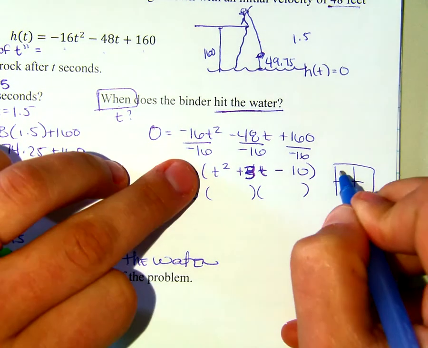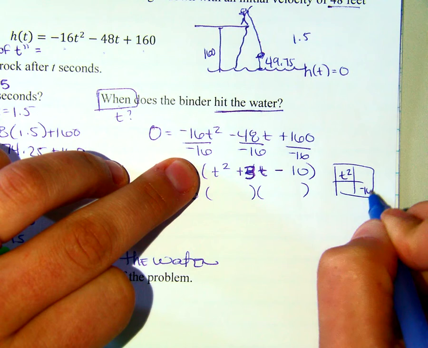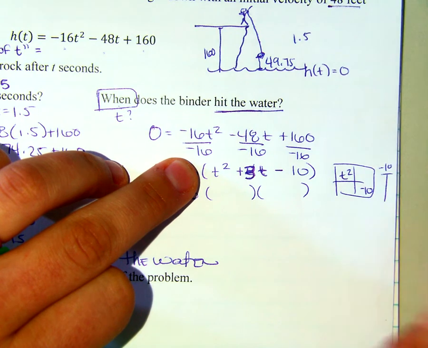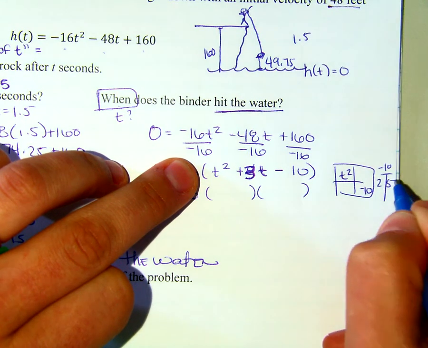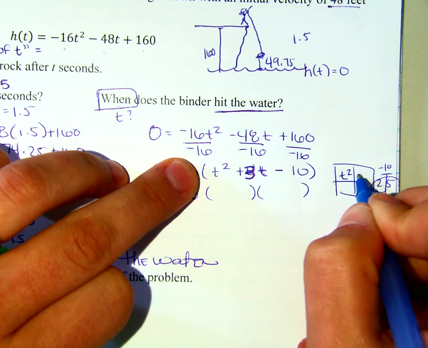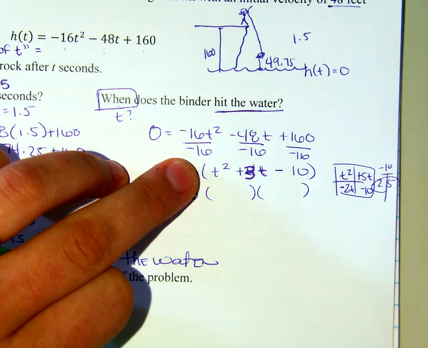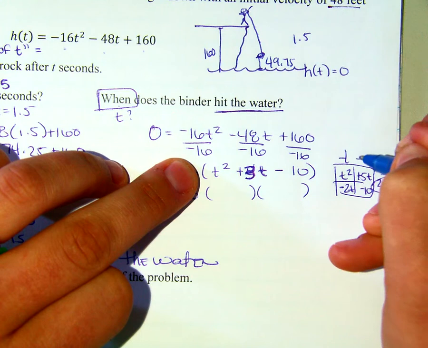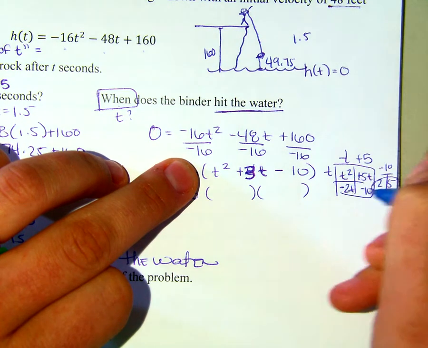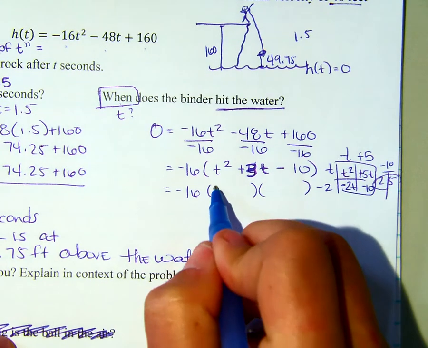First term, first box. Last term, last box. A times c goes in the t-chart. 10 is 2 times 5. And a positive 5t and a negative 2t would give me 3t. So t plus 5, t minus 2.